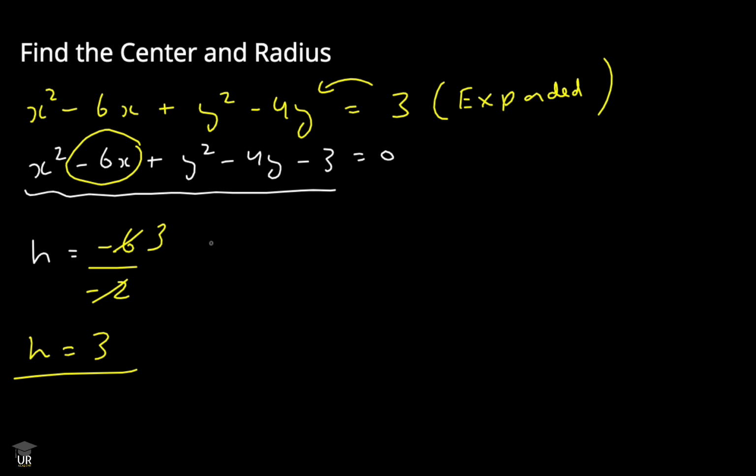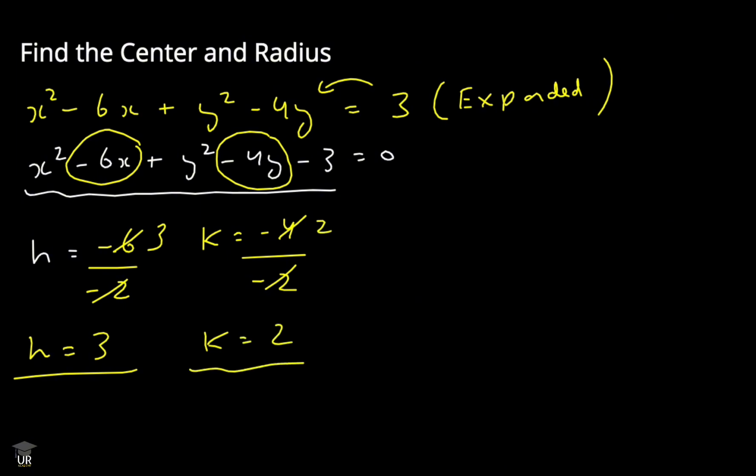Now, to find the k coordinate, I will look at the y term. The coefficient of y is minus 4. So again I will divide it by minus 2, and the value turns out to be 2. So my center coordinates are 3, comma 2.